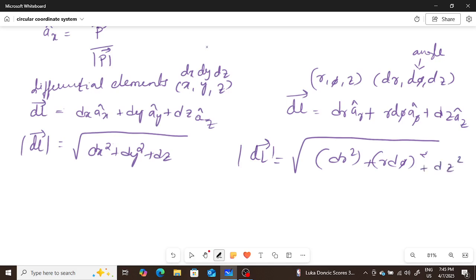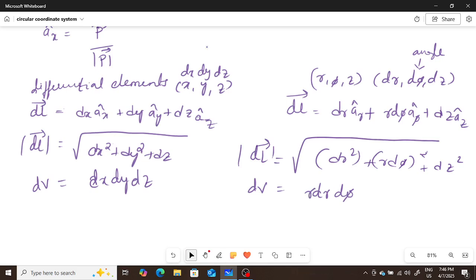This is the magnitude. Here in the Cartesian coordinate system, dv is dx dy dz, the multiplication of all three coordinates. Here in the cylindrical coordinate system, it is again the three quantities dr and dφ, where dφ you have to write as r dφ.